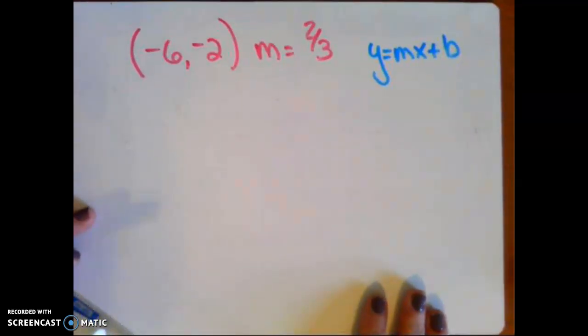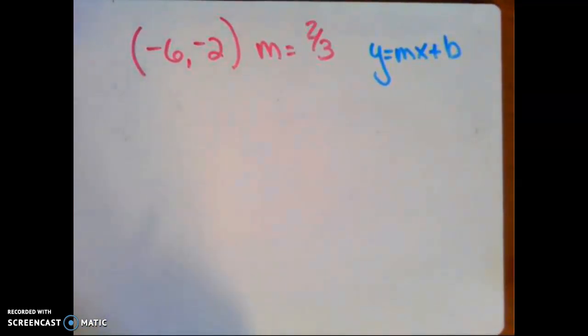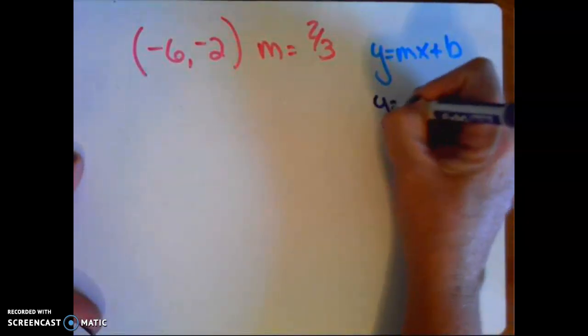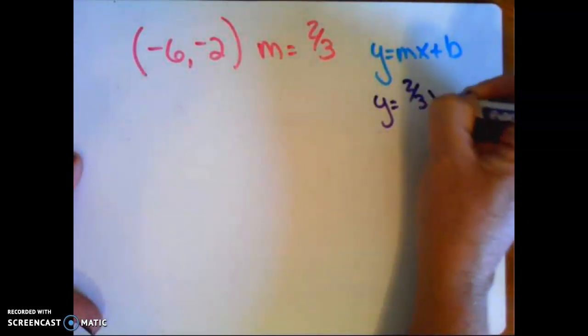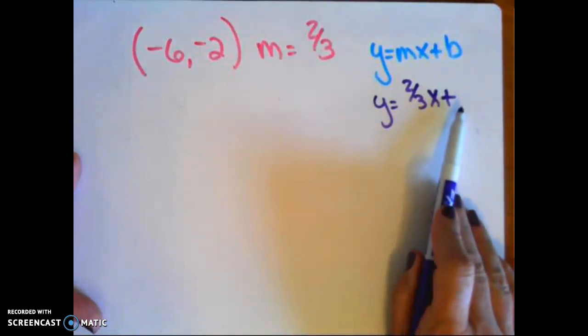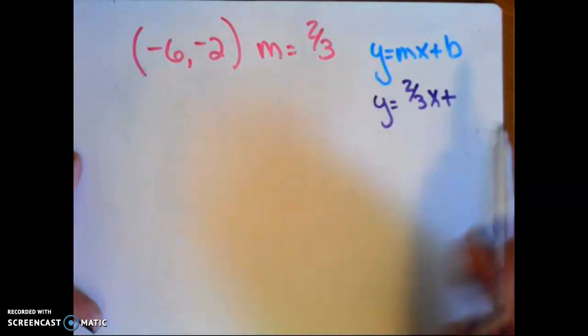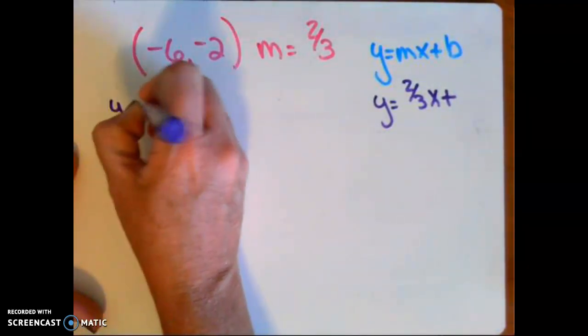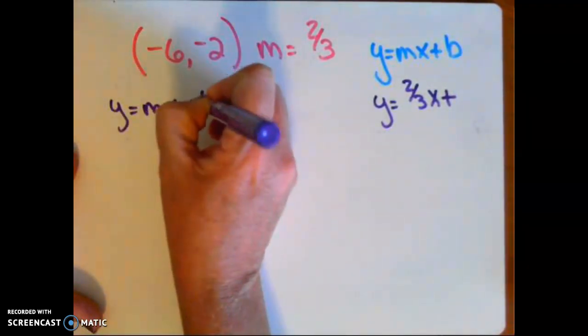So now I'm going to give you a point and a slope, and I'm going to ask you to write the equation of a line, y equals mx plus b. So the nice thing about this is I already know my slope. So I am 50% there. Now all I need is my b, and I'm finished. So I'm going to come over here, and I'm going to set up my formula.